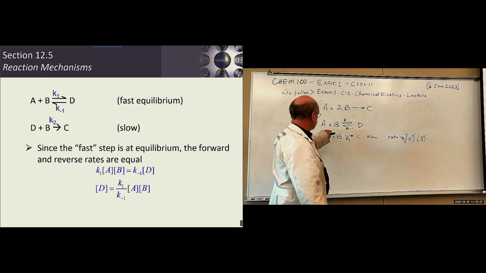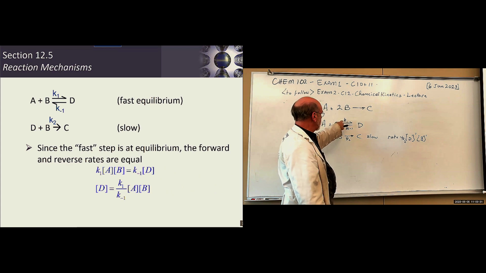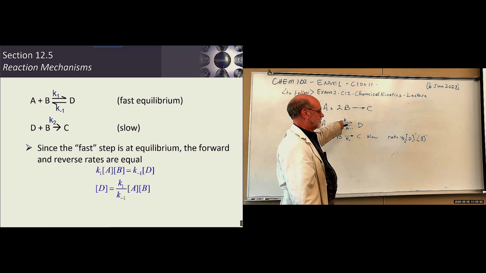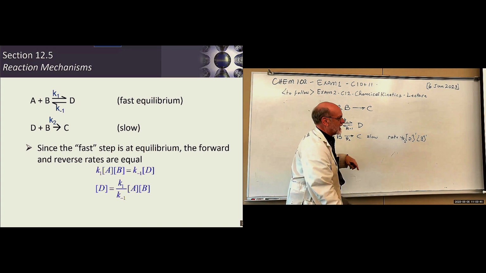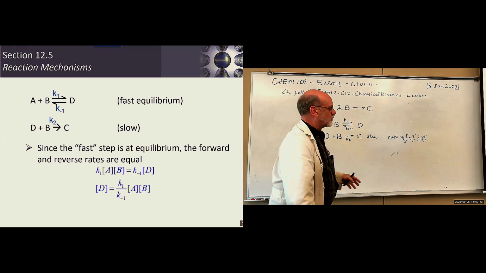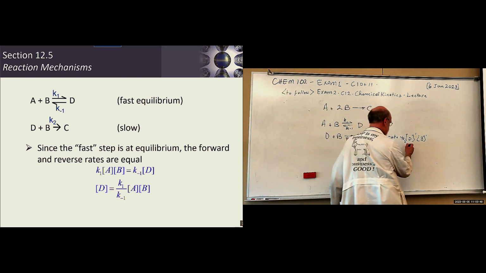So there's the front one. A to the first power, B to the first power, and K1. That's also equal to the reverse reaction, which is D to the first power with K to the minus 1. And then we solve for D, and that gives us a substitution for this one right here.